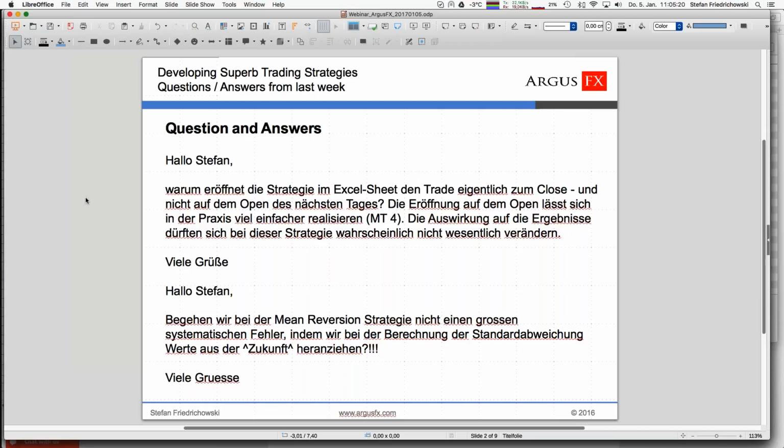Now it depends a little bit on the underlying. If you have an underlying which is not traded 24 hours, of course, then there might be a bigger difference. For underlyings like Forex, and if we don't look right now for the Friday-Sunday potential gap, there is more or less no difference, because the close of a candle and the open of the next for Forex is not always, but most times, quite close.